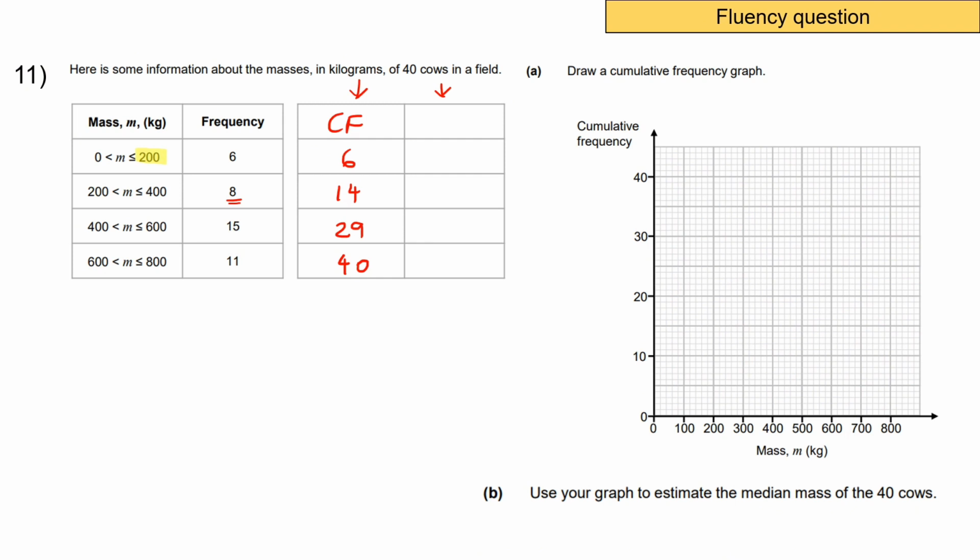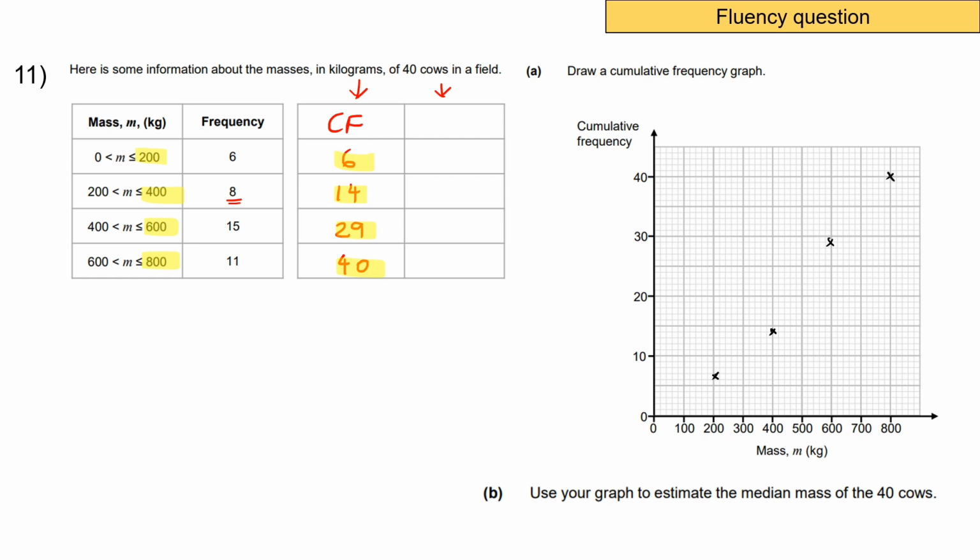So it's going to be 20 and 6, 40 and 14, 60 and 29, 80 and 40. It would look like 20 and 6, it's around here. 40 and 14, so it's around here, and then we've got 60 and 29, just below 30, and then we've got 80 and 40, bang on, there we go.